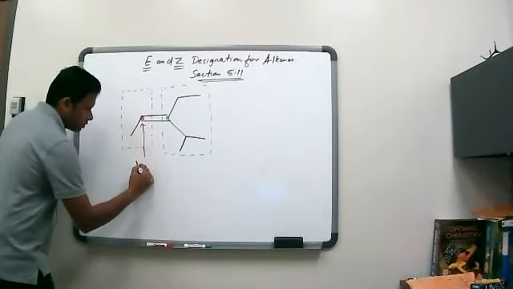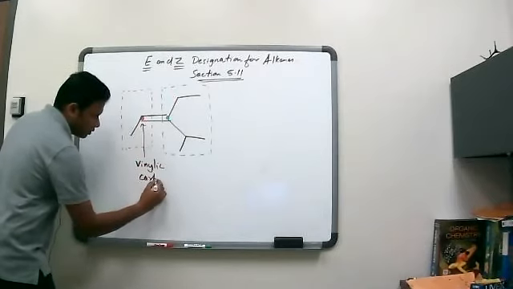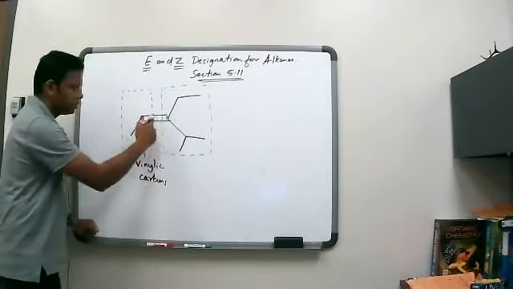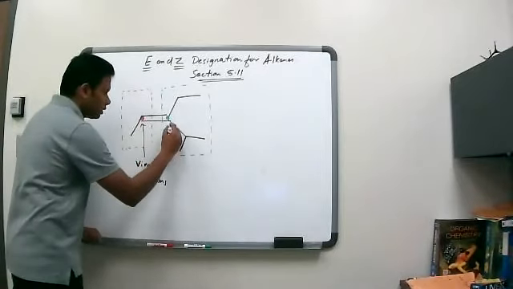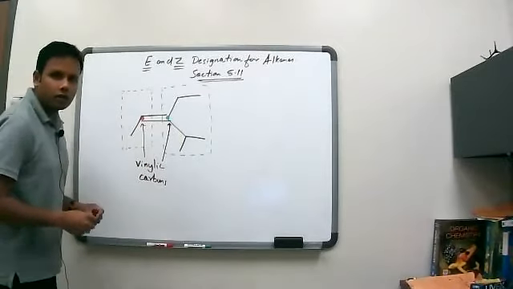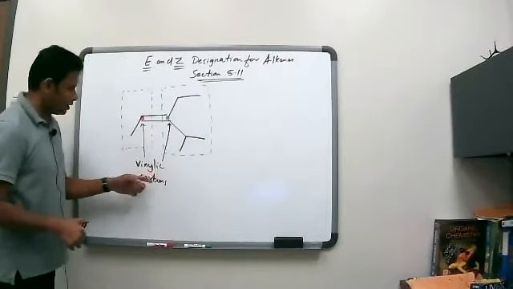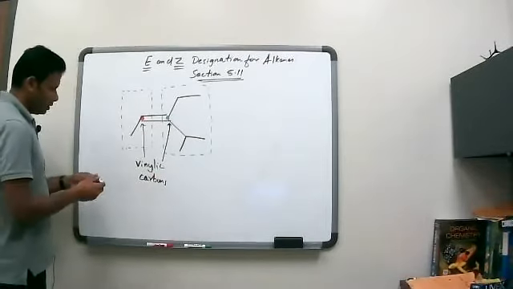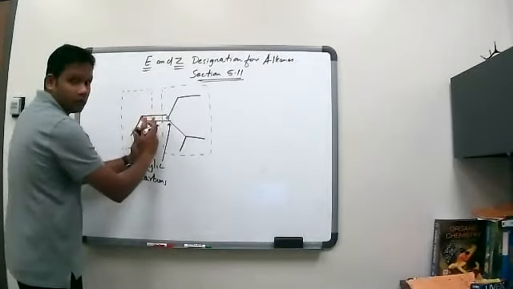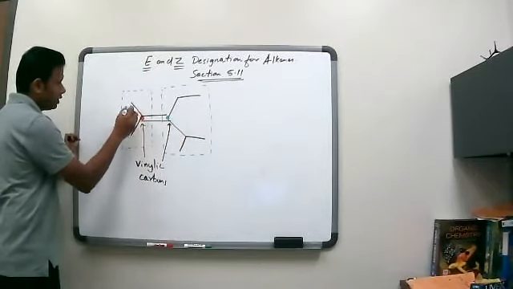These carbons are called vinylic carbons. Carbons that are sp2 hybridized in a double bond are called vinylic carbons. So this one is also a vinylic carbon. Once we have the two vinylic carbons, we basically split the double bond in two halves, and we focus on each vinylic carbon.